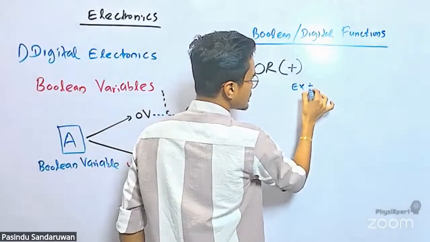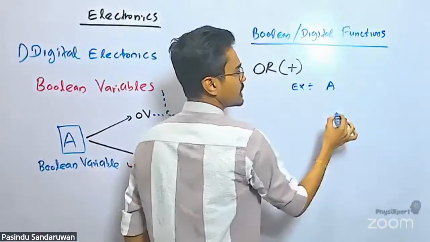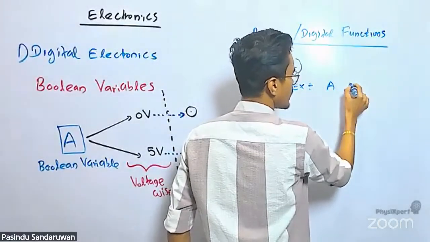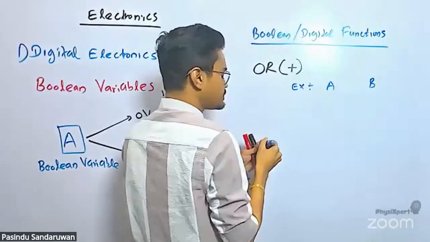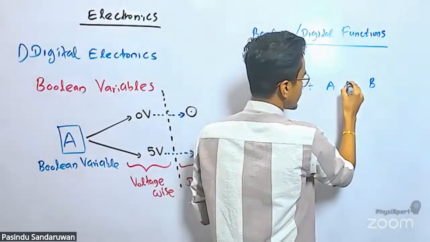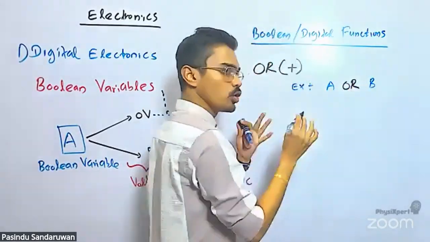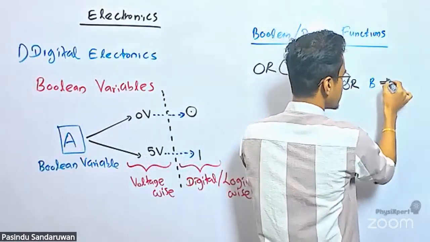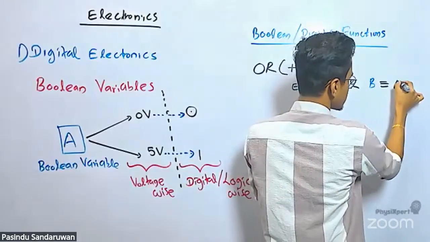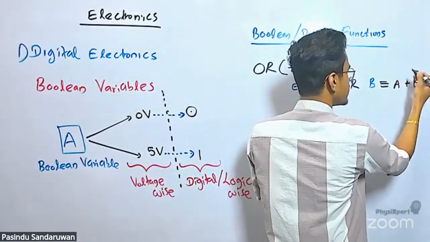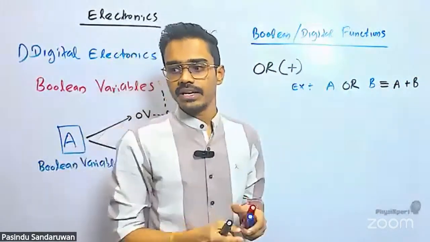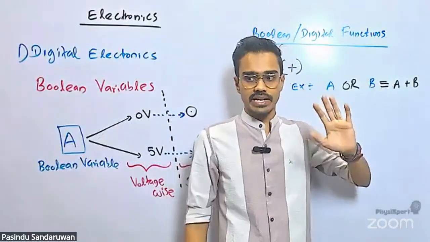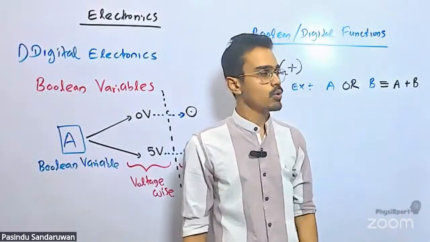As an example, say we need to say A OR B somewhere. Digitally, I can represent this as A plus B. There is a plus sign, but it doesn't mean addition. It means OR.